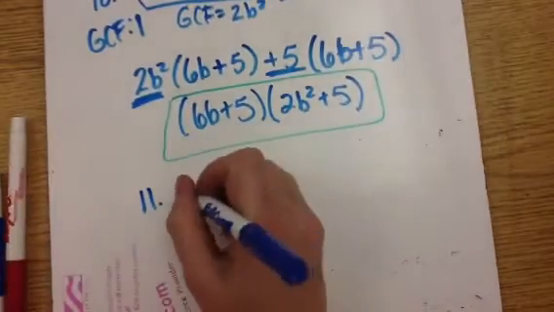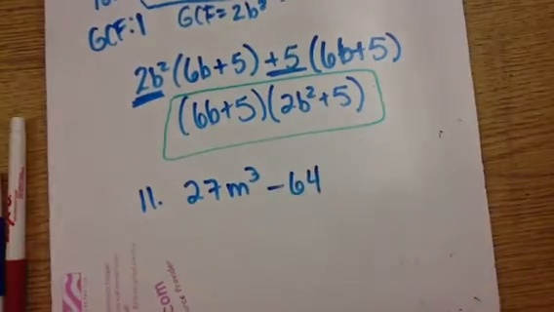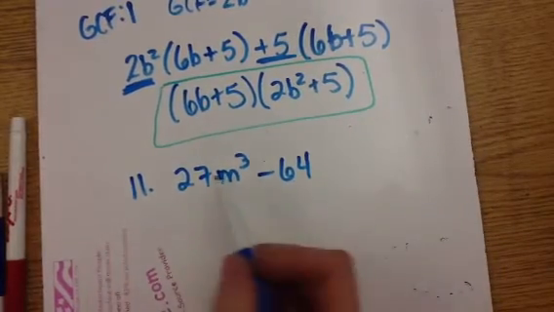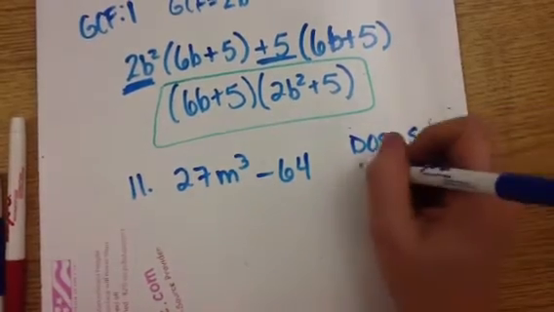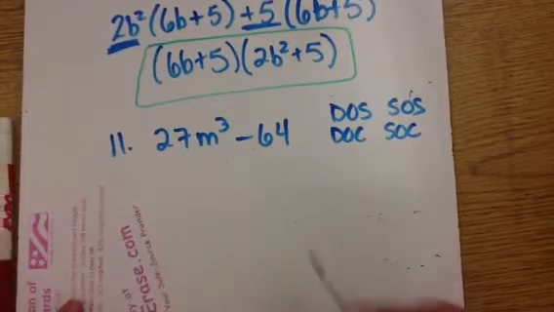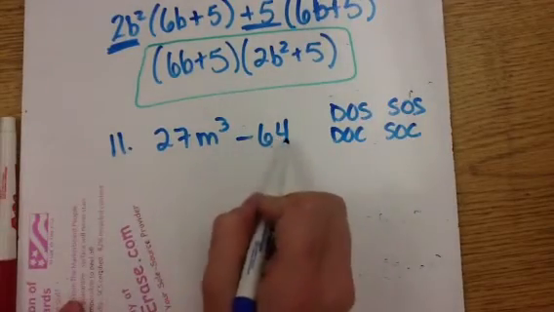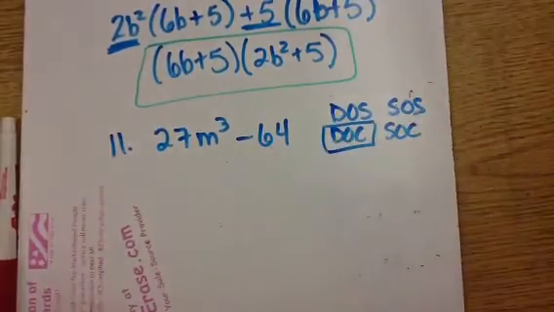Number 11, we have 27m cubed minus 64. This is 2 terms, so it's either difference of squares, sum of squares, difference of cubes, or sum of cubes. Both of these are cube numbers and it's subtraction, so it's difference of cubes.